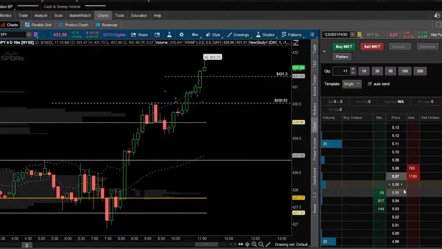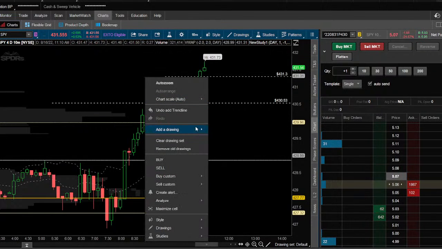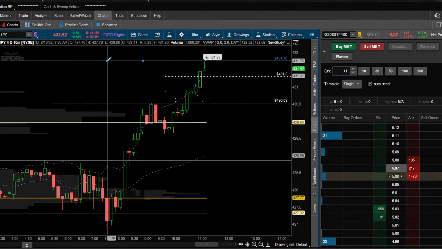So you can see right here, this is where I got filled. 506. So now my cut loss is right here.